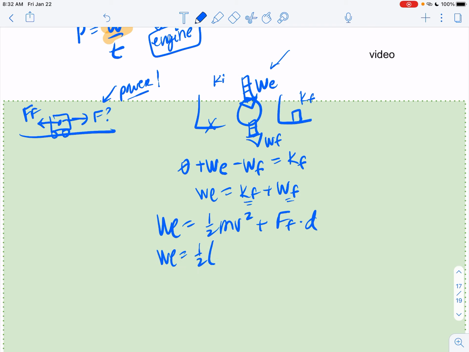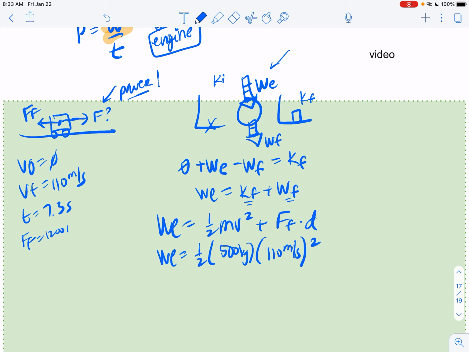Let's see what we've got: 500 kilograms, a final speed of 110 squared, time 7.3 seconds, friction 1,200, and the displacement was 400 meters. Oh, that was convenient, it gave us everything. So plus the force of friction, 1,200 times 400 meters.